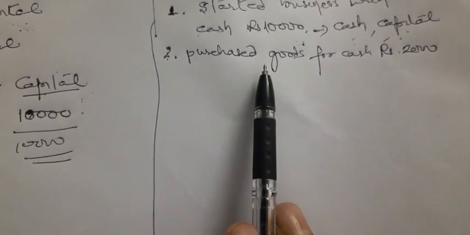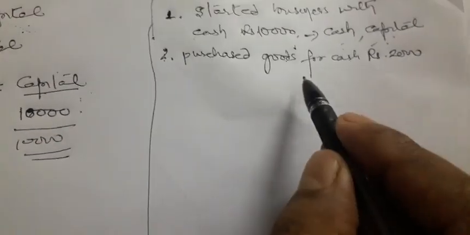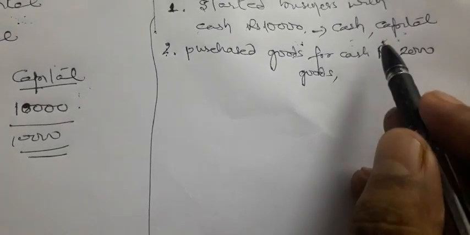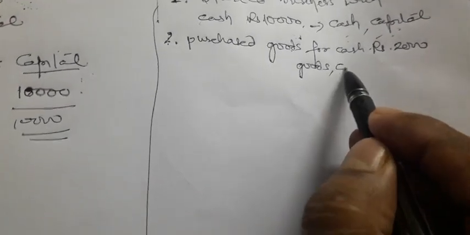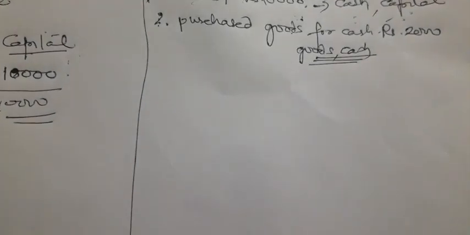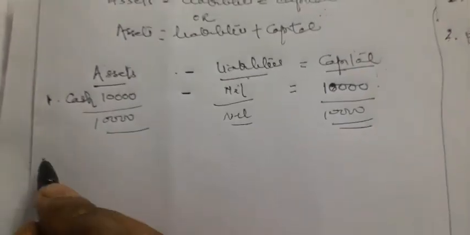When goods are being purchased by the businessman, goods are coming into the business. So one aspect is goods, and something must be going out. Cash is going out. So the two aspects involved here are goods and cash. Cash is an asset. Goods is also an asset. How will we show it in the equation?